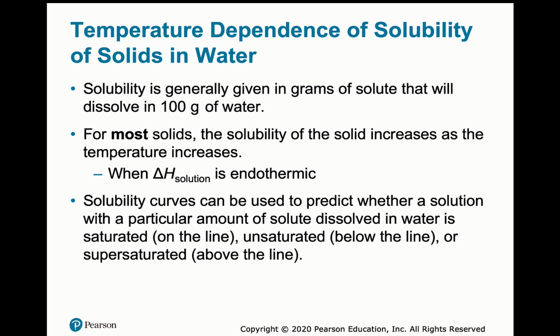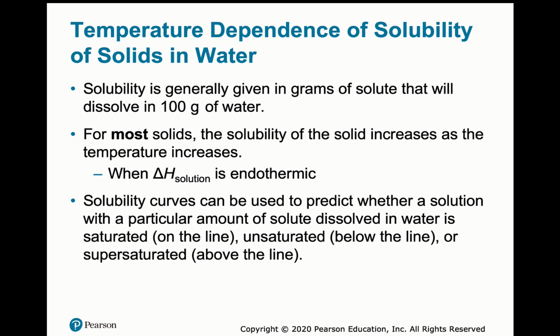On temperature dependence, generally speaking, increasing temperature increases solubility. The reason for that, we'll learn later, is something called Gibbs free energy: delta G equals delta H minus T delta S. Negative delta G is spontaneous, so in the minus T delta S term, increasing the temperature increases the entropy contribution, and so dissolving becomes more favorable at higher temperatures.